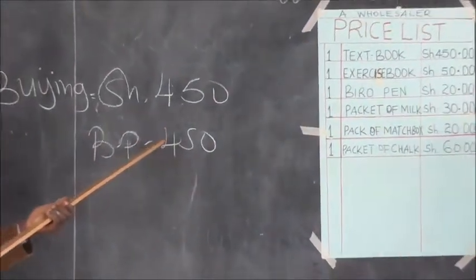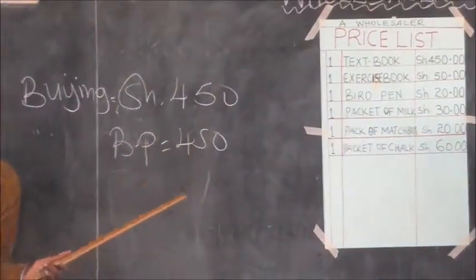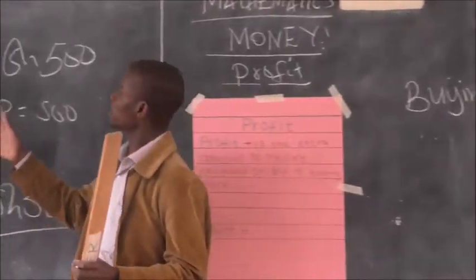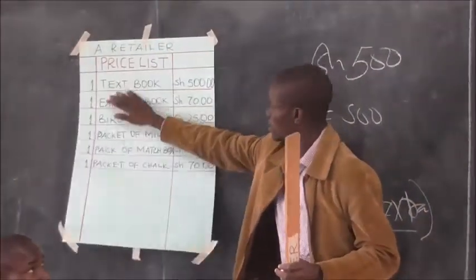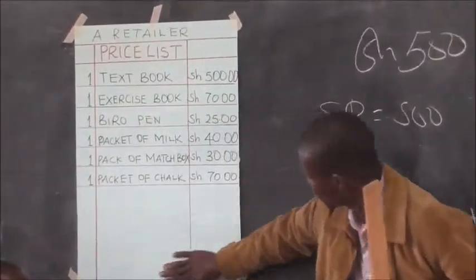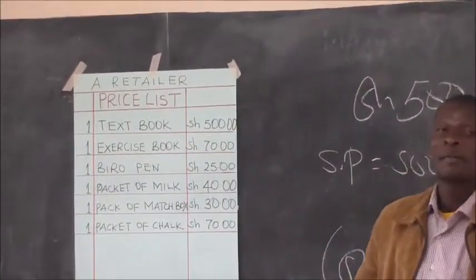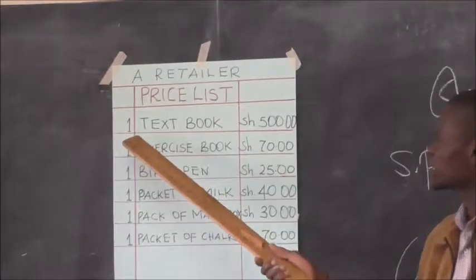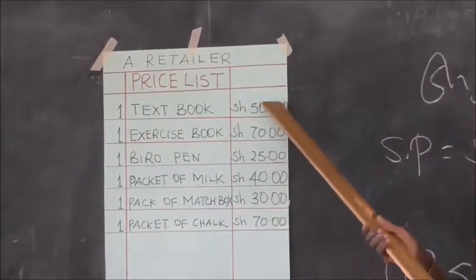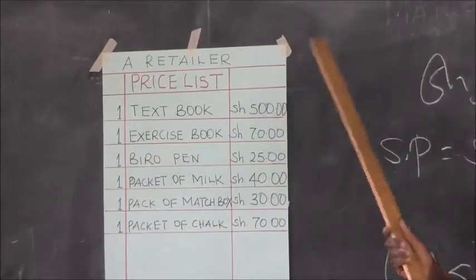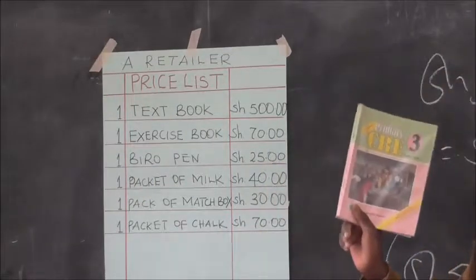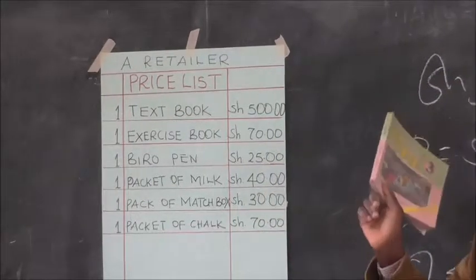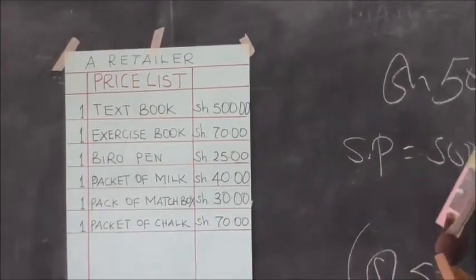After buying the book from the wholesaler, the same retailer went and made a new price list, where he was now selling the same textbook at 500 shillings. So when I went to him to buy the book, that is this textbook, he sold the book to me at 500 shillings.